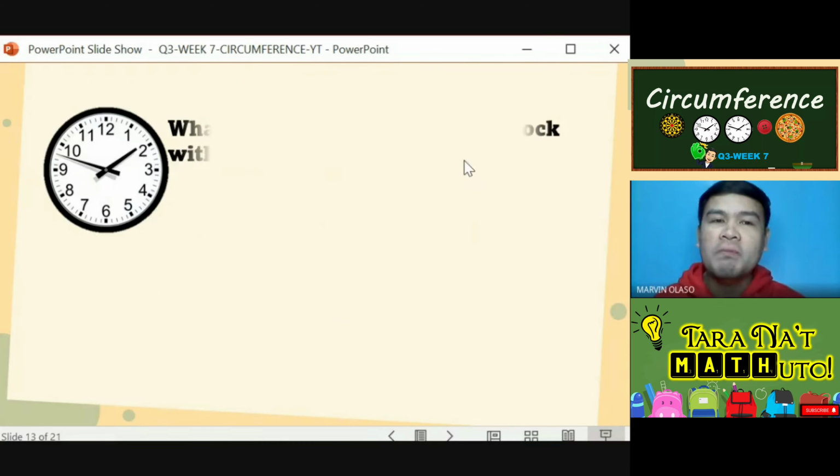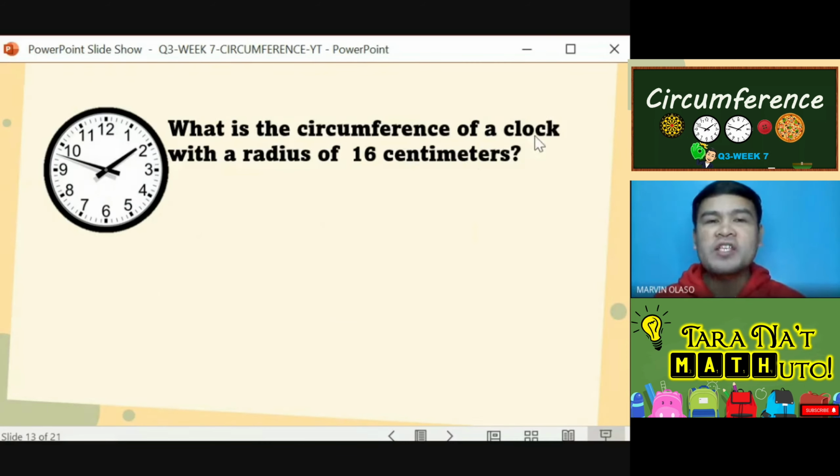For example, here it is. What is the circumference of a clock with a radius of 16 centimeters? So, the diameter is not our given. If you still remember, the diameter of a circle is twice the radius.